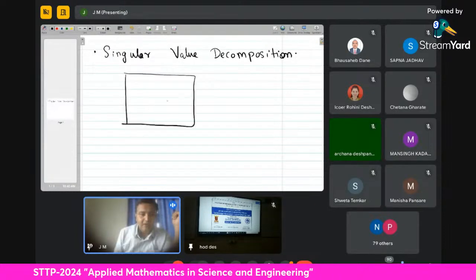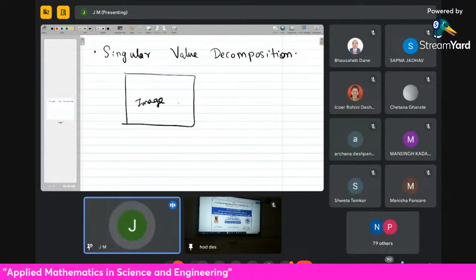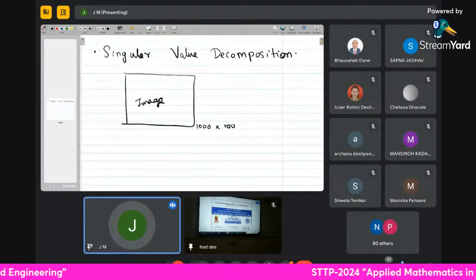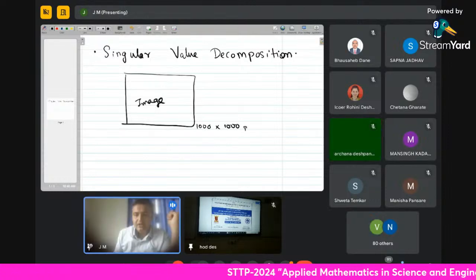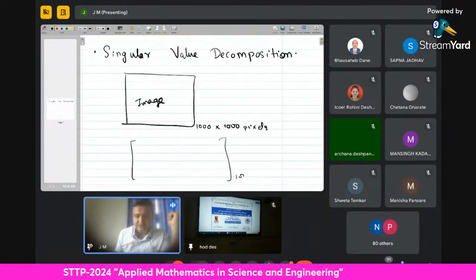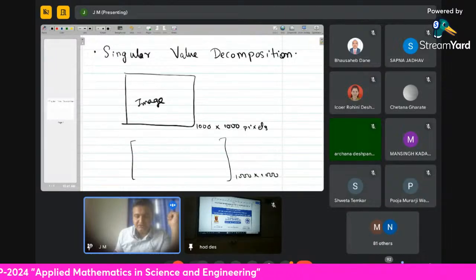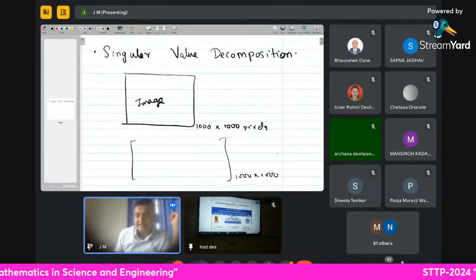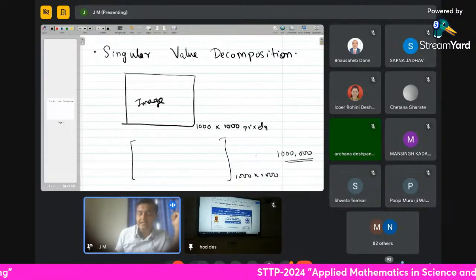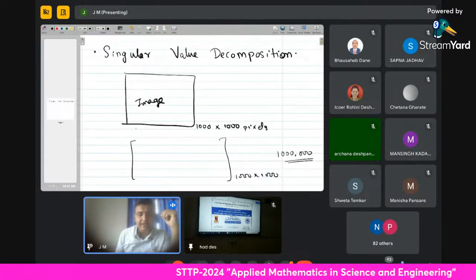Suppose it consists of 1000 by 1000 pixels. That is a 1000 by 1000 pixel matrix. So how many entries are there? There are 1,000,000 entries.